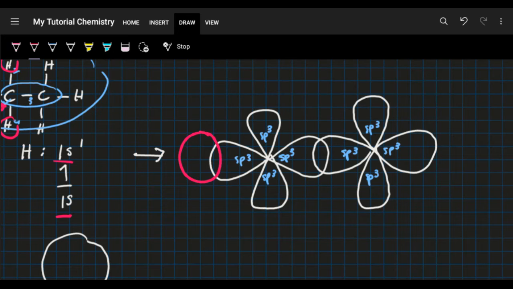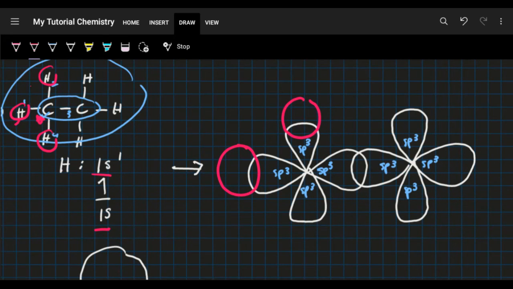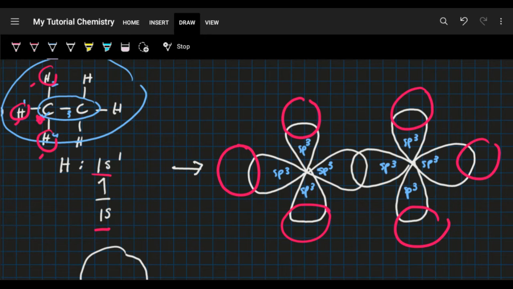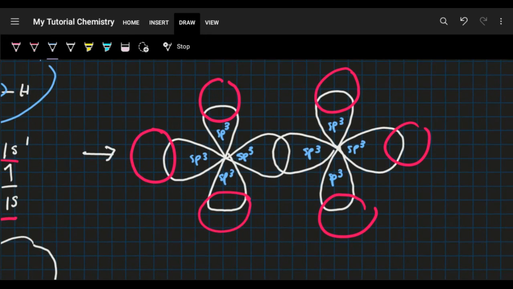So this is hydrogen. Look at the hydrogens surrounding carbon. Let's label the orbitals: this is 1s, 1s, 1s, 1s, 1s, and 1s.